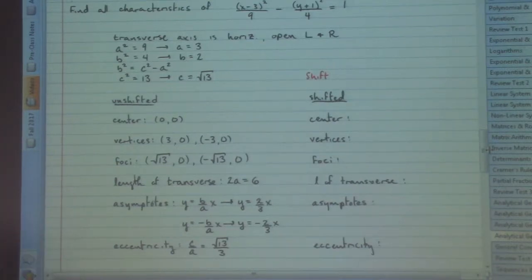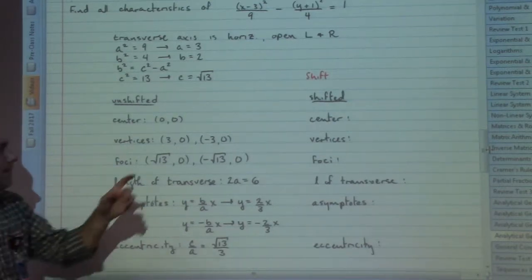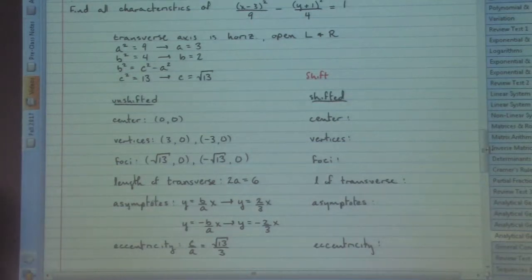And so all that stuff is now taken care of, and I'm ready to shift. So back at the top of the screen, with my parentheses x minus 3, I'm going to be shifting right 3. And with my parentheses y plus 1, I'm going to be shifting down 1.